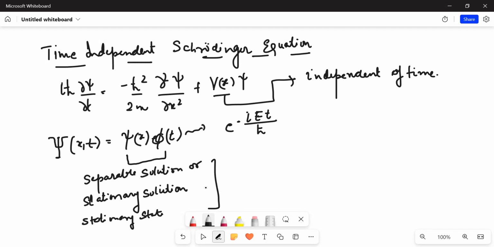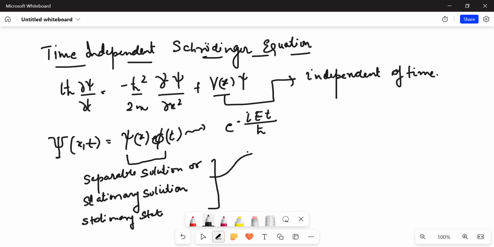So, why is this called a stationary state? This is called a stationary state because the norm of this ψ does not depend upon time t. In fact, we'll see that physical observables of the state are actually time independent.